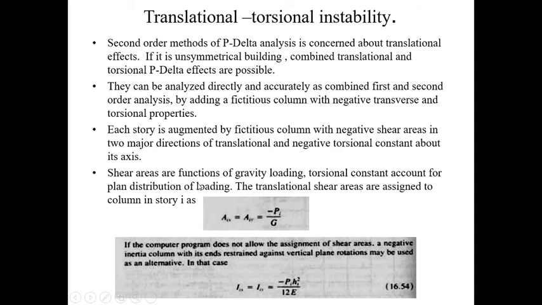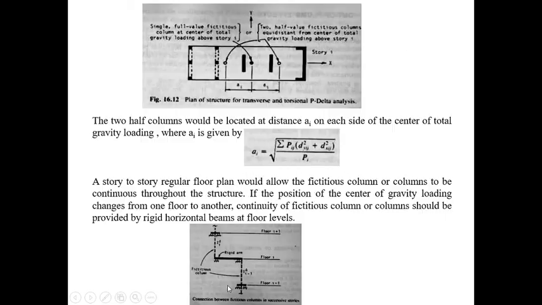Then the shear areas will be a function of the gravity loading. We have seen in the previous how we consider the shear area for translation. Now here it is considered in the capital X and capital Y directions, as shown here.